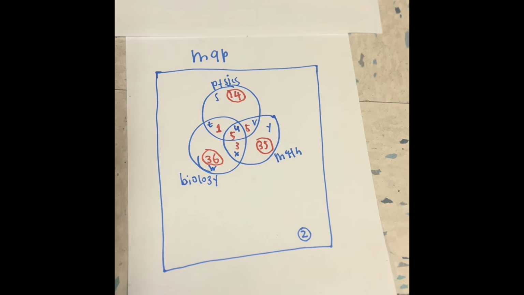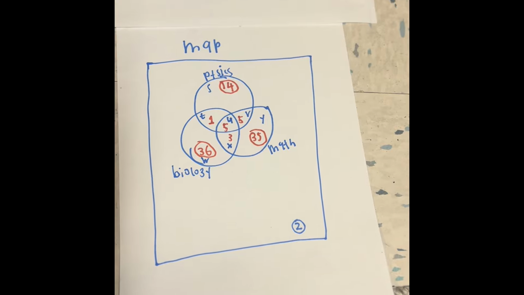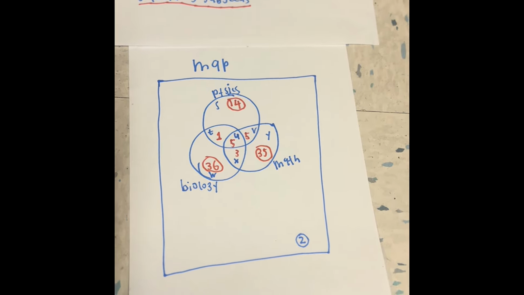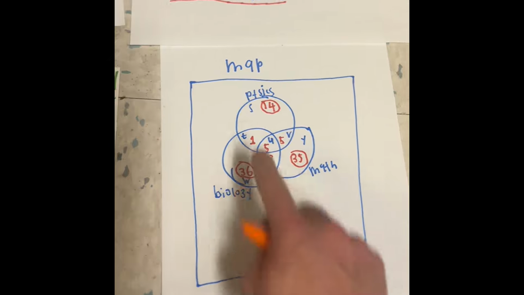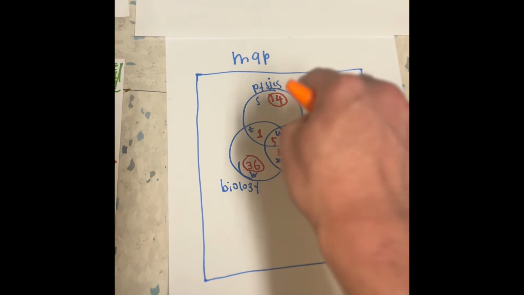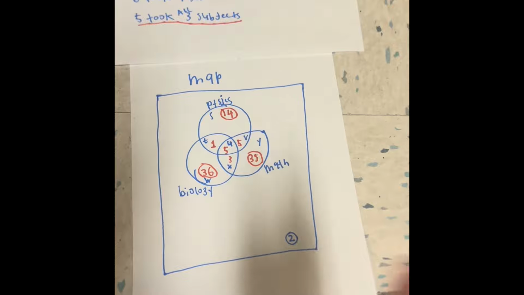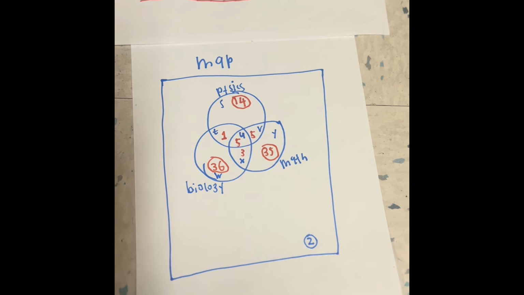If your teacher or professor asks you simple questions like how many people took math and physics, then you already have the cheat sheet answers that you've already done in all this kind of math. This will answer all your questions.